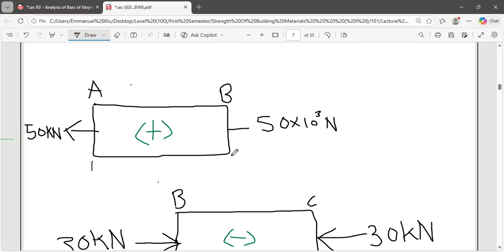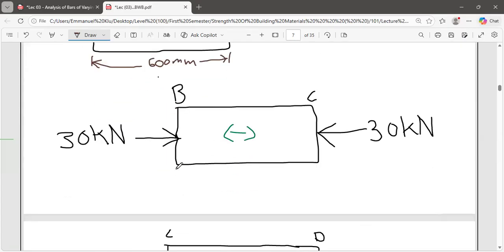So the length of this one was 600 millimeters. And this one too, we just multiplied by 1,000, so let's say 1.0 times 10 exponent 3.